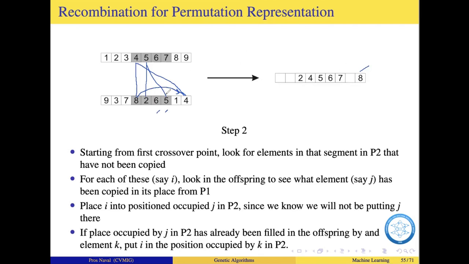So we cannot do that. What you have to do is we go up and look for the value 7 in the second parent. Now this is vacant. That's where you're going to transfer your value to.